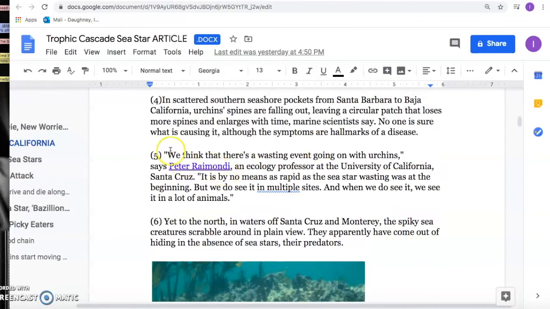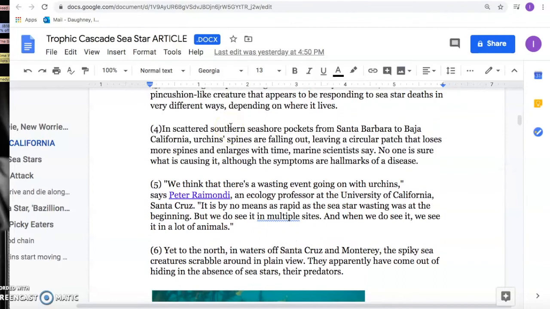And then up here in paragraph 5, it says, we think that there's a wasting event going on with sea urchins. Up here in paragraph 4, it says, in scattered southern seashore pockets from Santa Barbara to Baja California, urchin spines are falling out, leaving a circular patch that loses more spines and enlarges with time. Okay, no one is sure what is causing it.